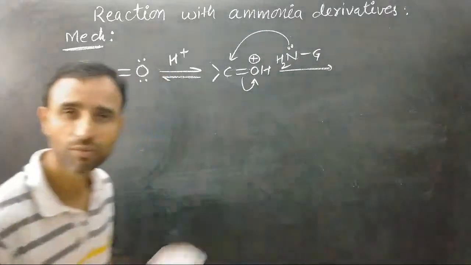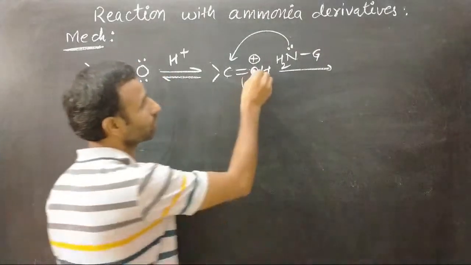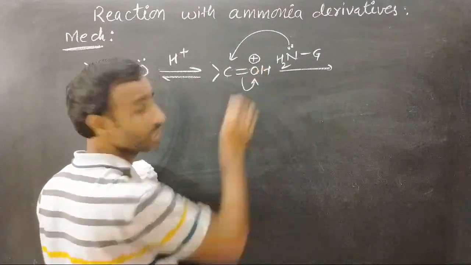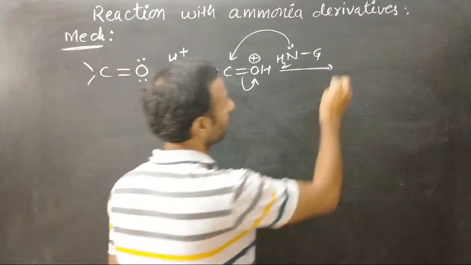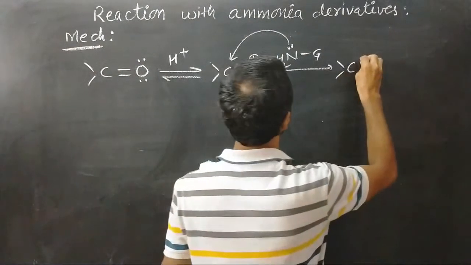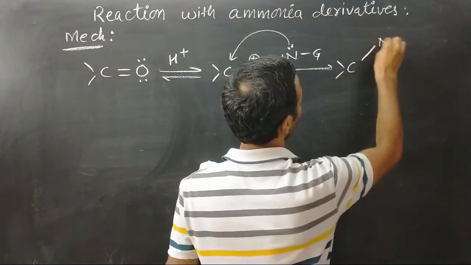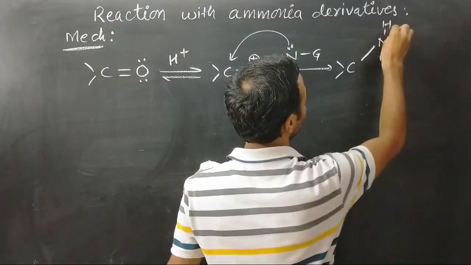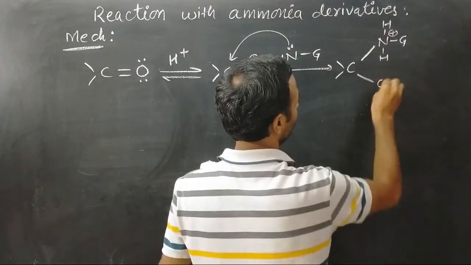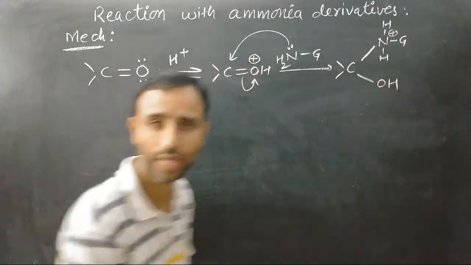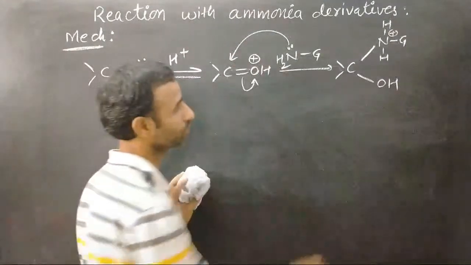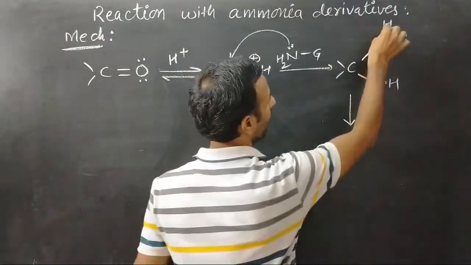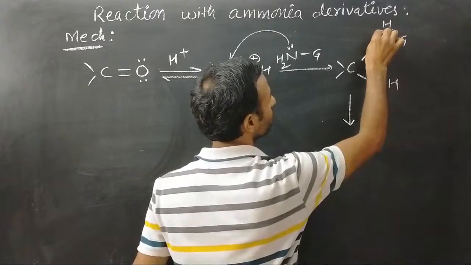After this, the ammonia derivative attacks this carbon. It goes like this, because oxygen is more electronegative, so the pi electrons shift strongly towards oxygen and we get NHG positive and OH. After getting this, H is removed as H positive.